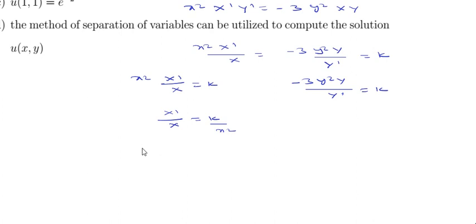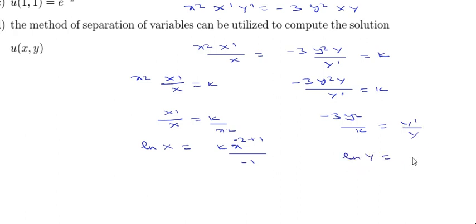So when we integrate this, we get log X equal to k times x power minus 2 plus 1 divided by minus 2 plus 1. And this one we will rewrite: minus 3 y square by k equal to Y dash by Y. Therefore log Y is equal to minus 3 y cube by k into 3. So this 3 will get cancelled.